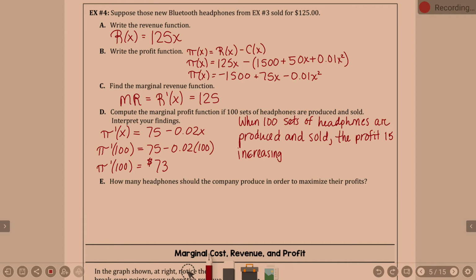Increasing at a rate of $73 per set, per headphone set, per whatever.